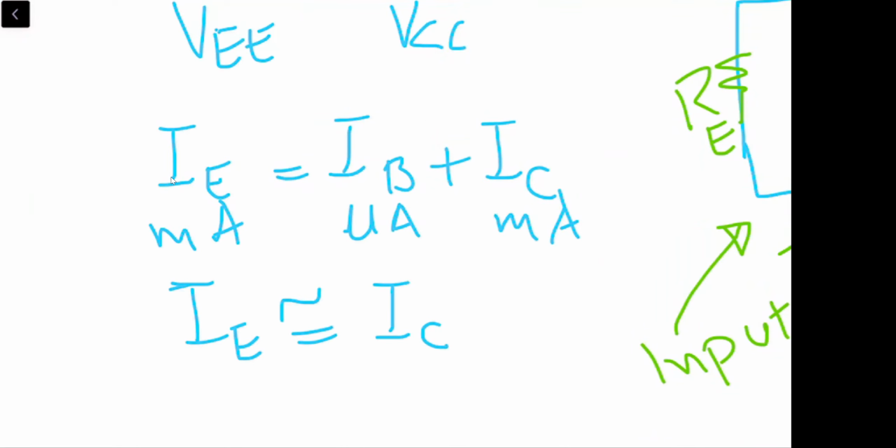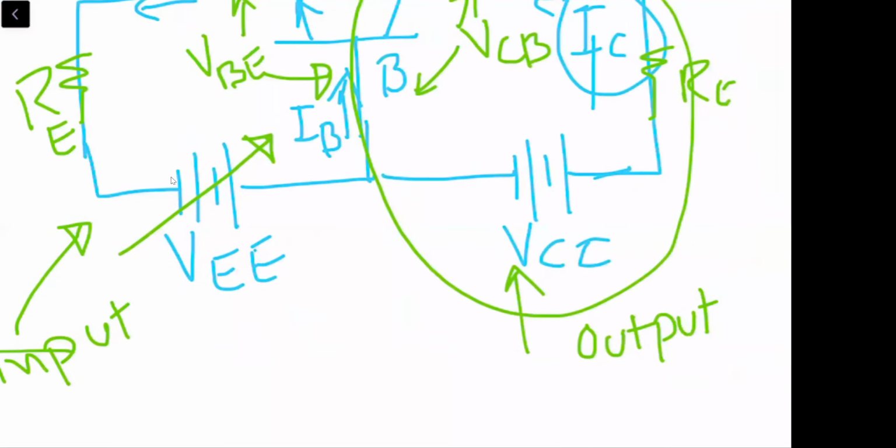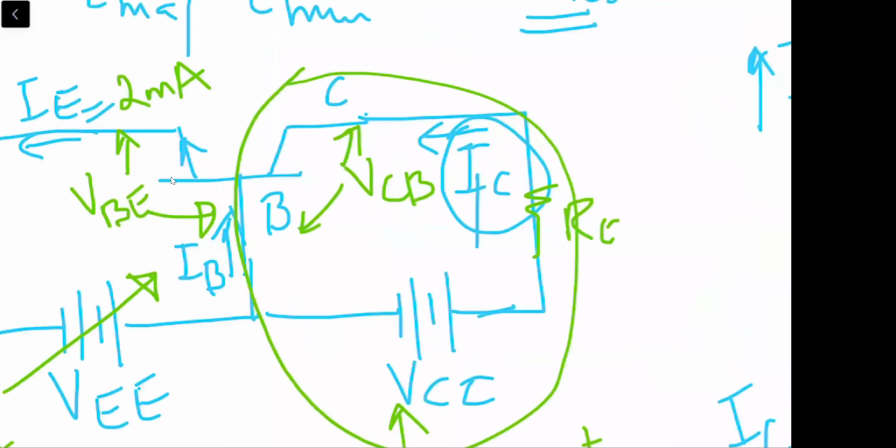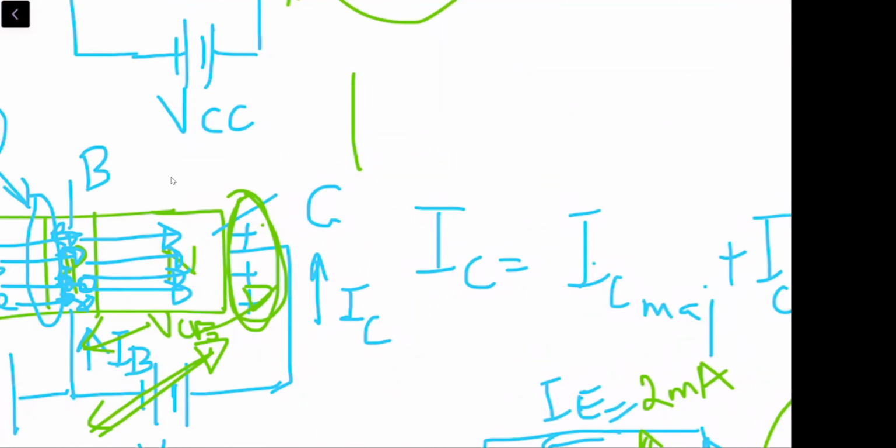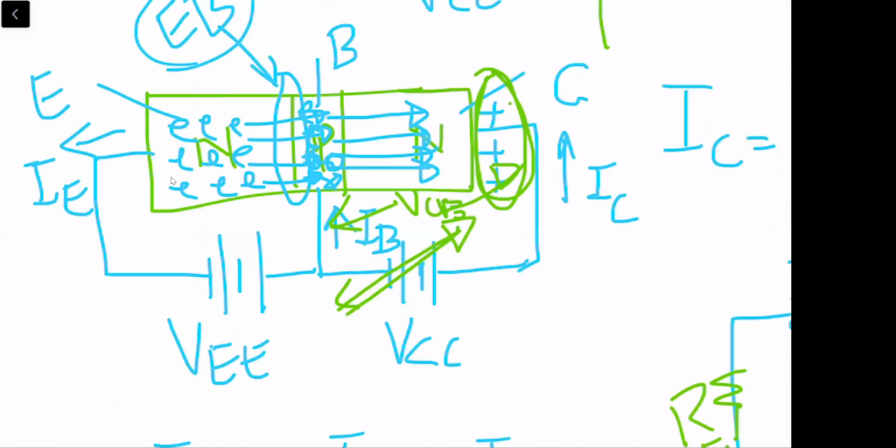Now, if you increase the value of VCC over here, that can only attract the majority carriers which were being emitted by the emitter.